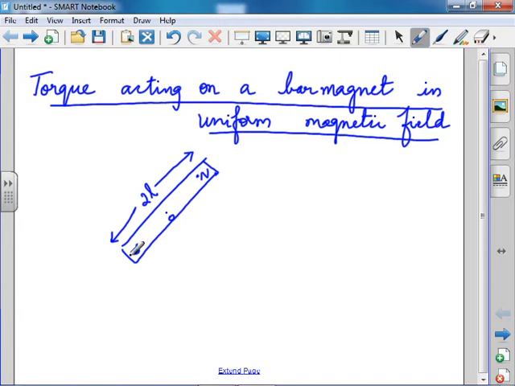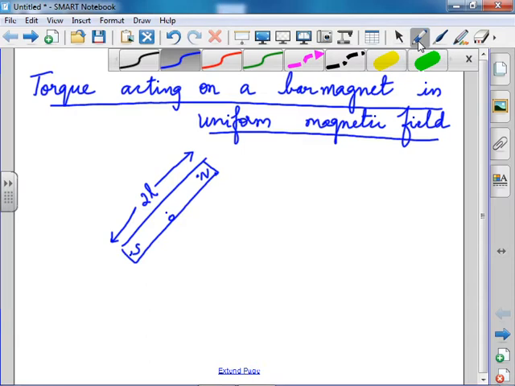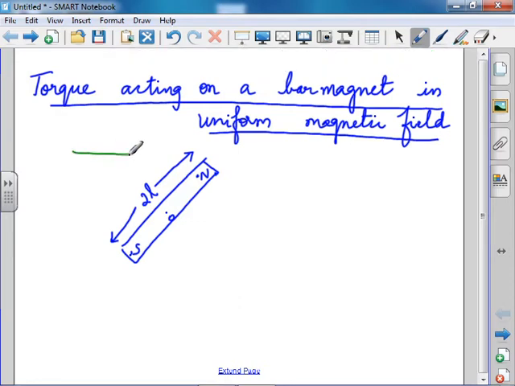And it is kept in a uniform magnetic field. How will you represent uniform magnetic field? It is represented by parallel lines. The parallel lines represent uniform magnetic field.